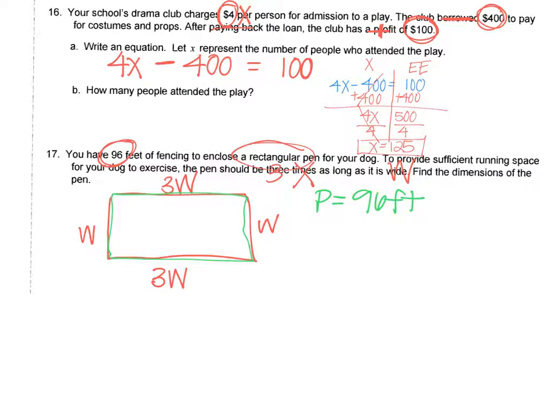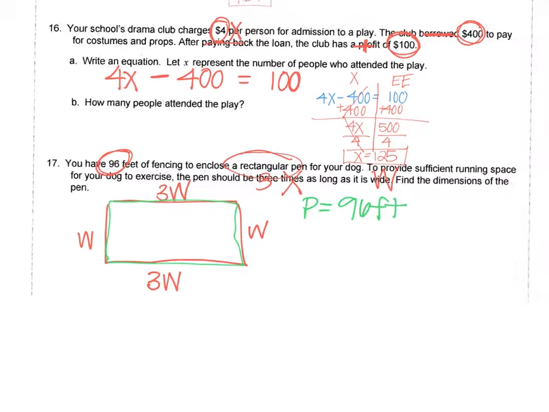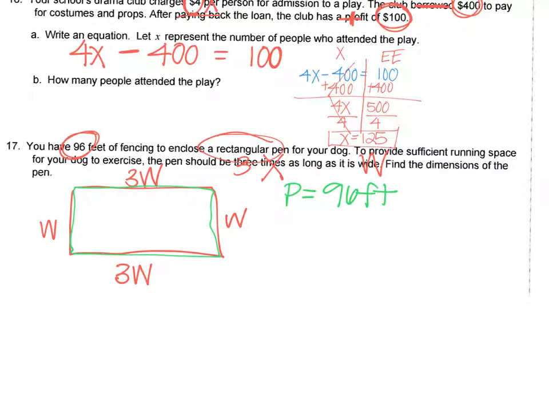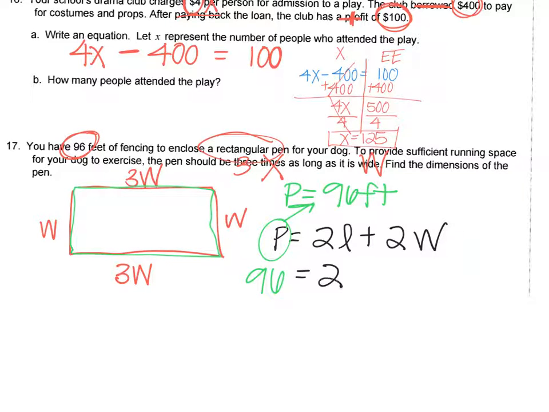Well, what's the formula for perimeter of a rectangle? It's on your formula chart. P equals 2 times the length plus 2 times the width. Well, I know what P is. It told me 96 equals 2 times, what's our length?